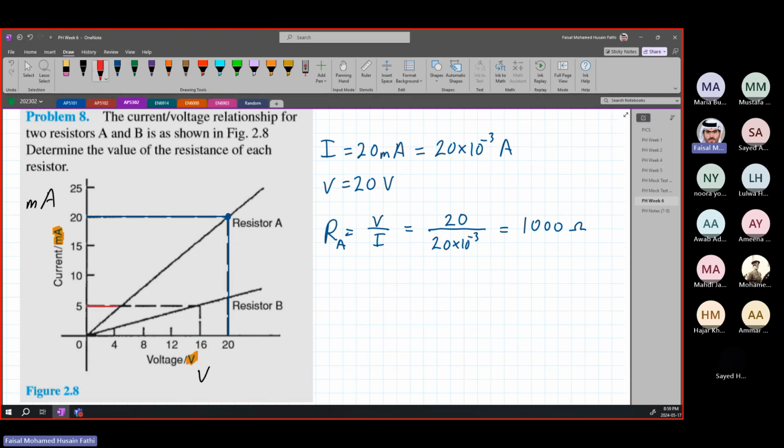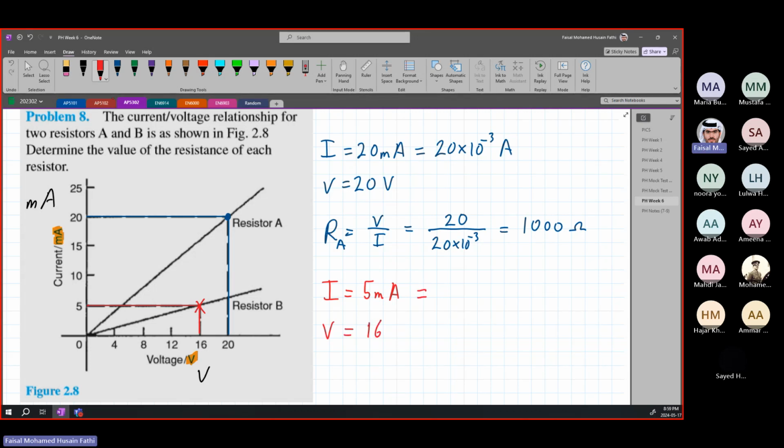We're going to just take a point on this line so we can determine the coordinates. This is the point we took. What is the voltage? The current value first, it's 5. So I is equal to 5 milliamperes, and the voltage is 16.